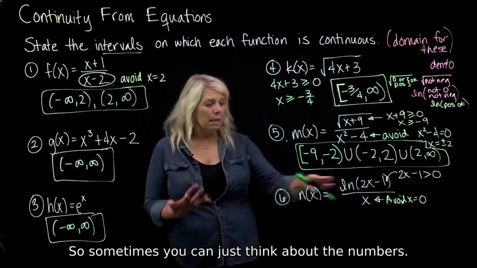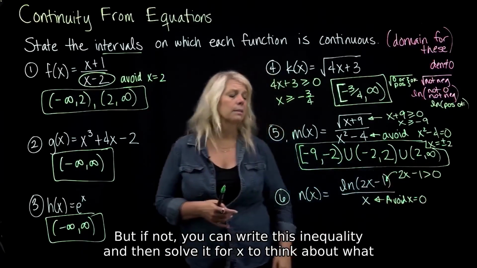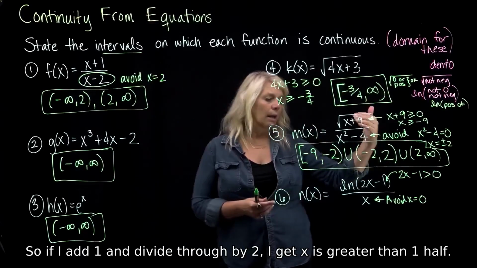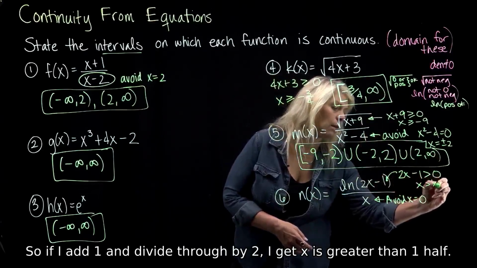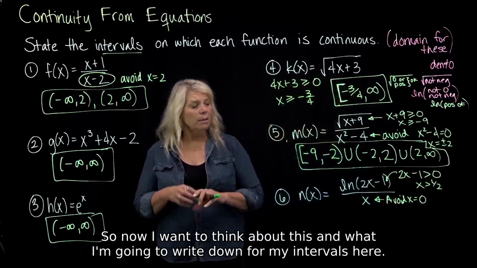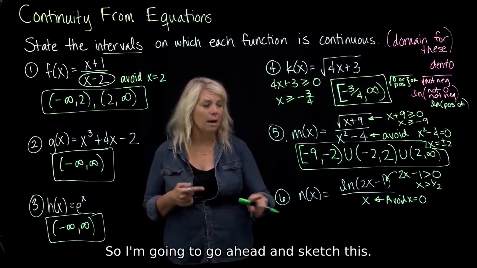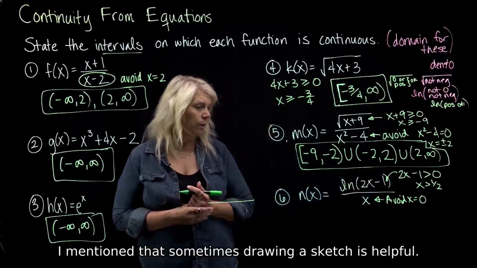So sometimes you can just think about the numbers, but if not, you can write this inequality and then solve it for x to think about what is okay. So if I add 1 and divide through by 2, I get x is greater than 1/2. Okay, so now I want to think about what I'm going to write down for my intervals here. So I'm going to go ahead and sketch this. I mentioned that sometimes drawing a sketch is helpful.